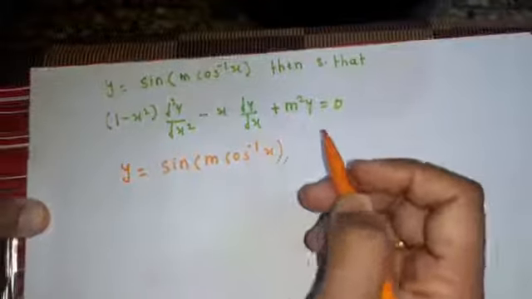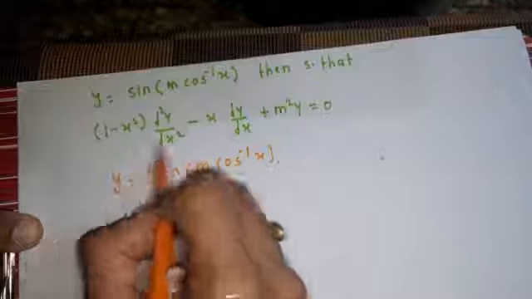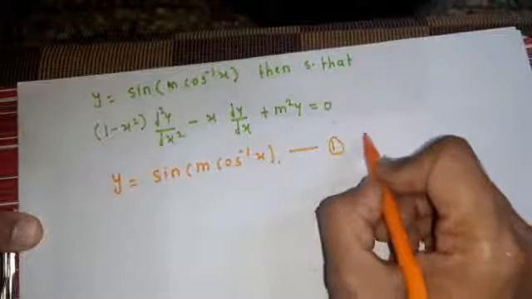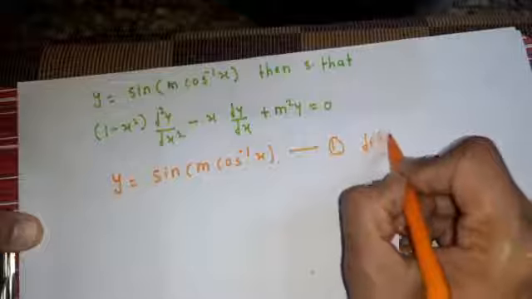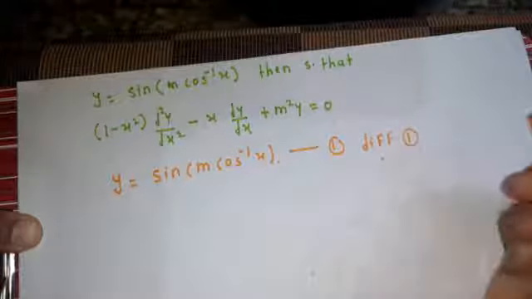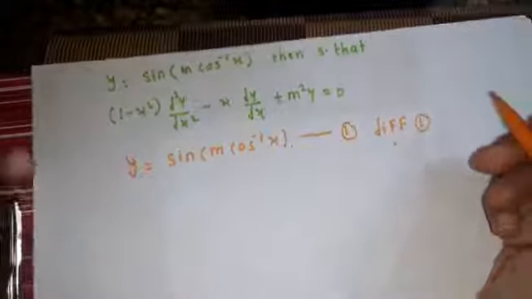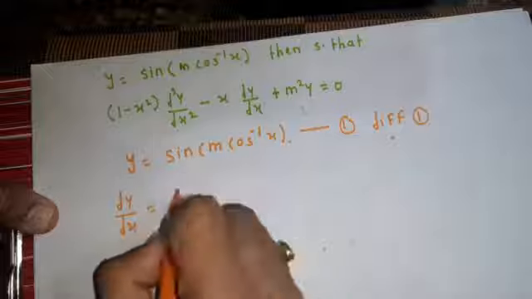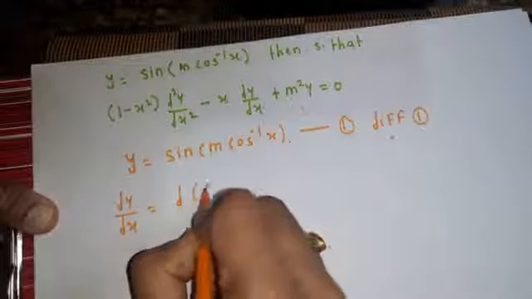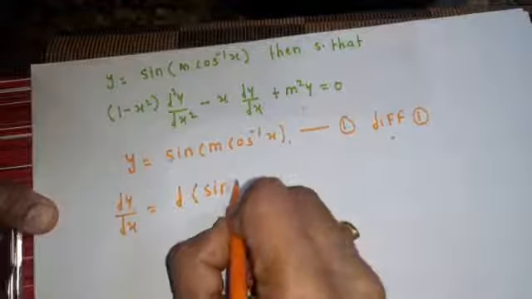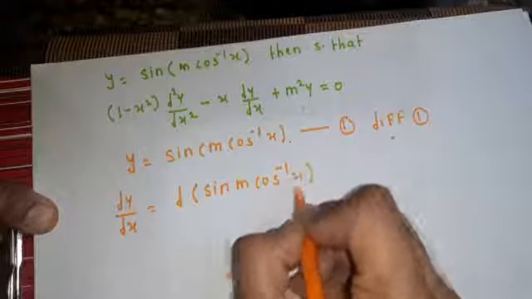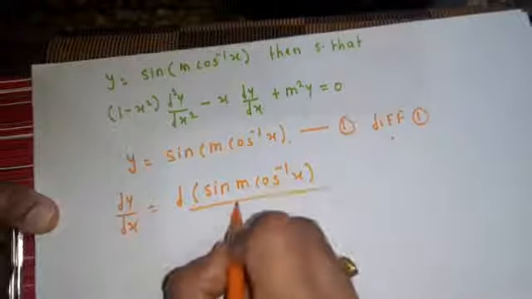Now to show this, first suppose this is 1, and differentiate 1 with respect to x. We get dy by dx equal to the differentiation of sine of m cos inverse of x with respect to x.